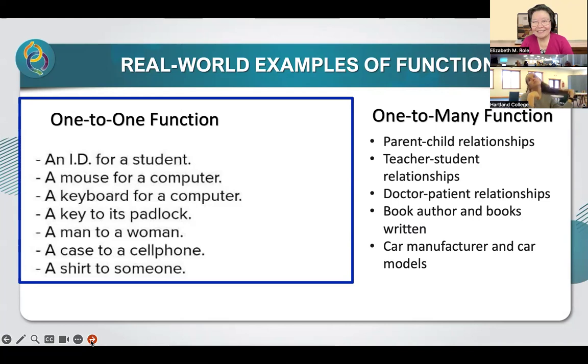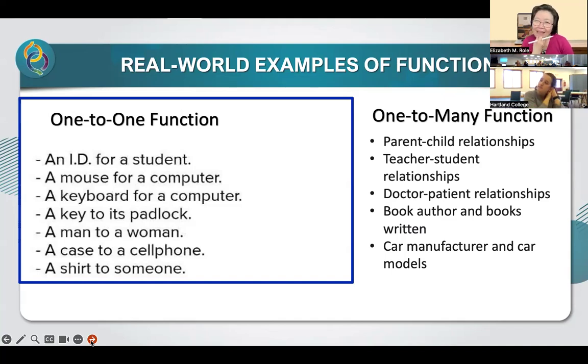In other words, the same key pattern. A man to a woman, so that one is about God's creation. For married couples, of course, one man to one woman, so it's one-to-one. It cannot even be one-to-many. A case to a cell phone, one case to one cell phone. And of course, a shirt to whatever you have worn.